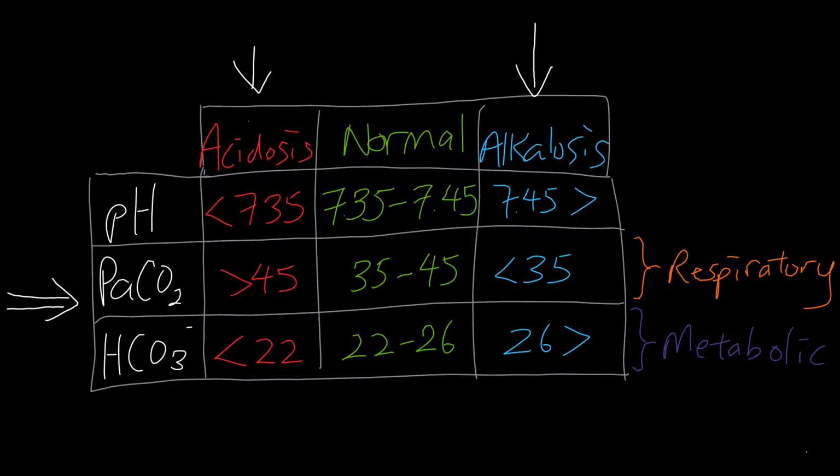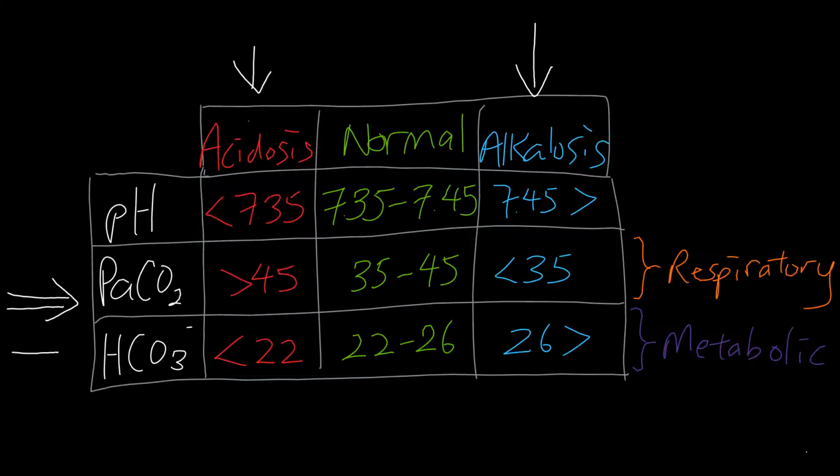If it's greater than 45, then the patient is in an acidotic state that is related to respiration. And if the number is smaller than 35, then the patient is experiencing alkalosis that is respiratory related.